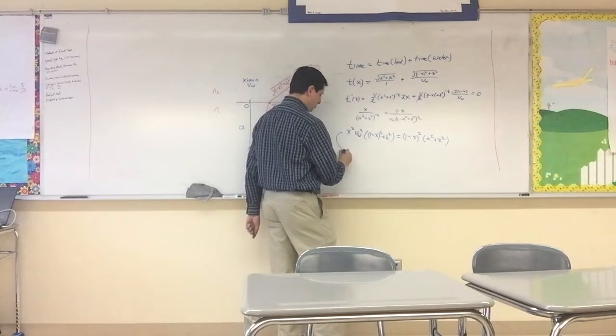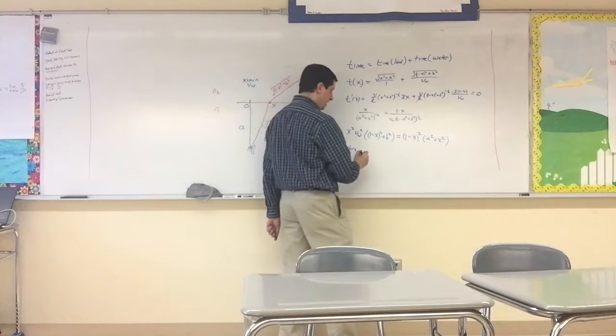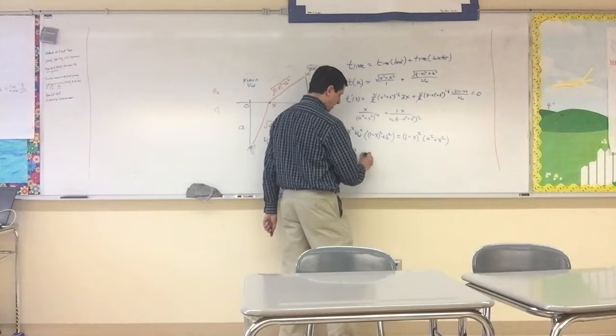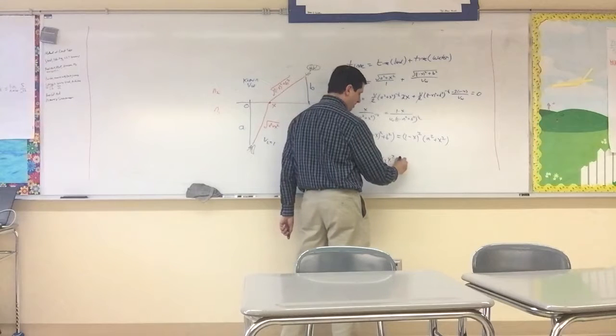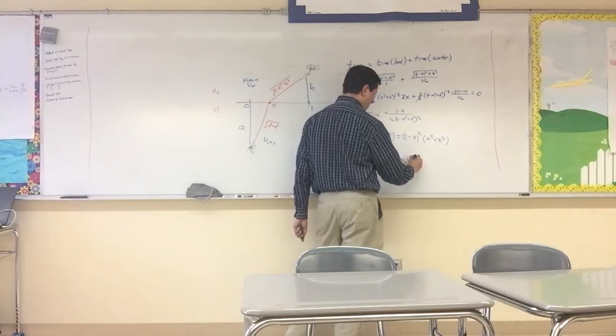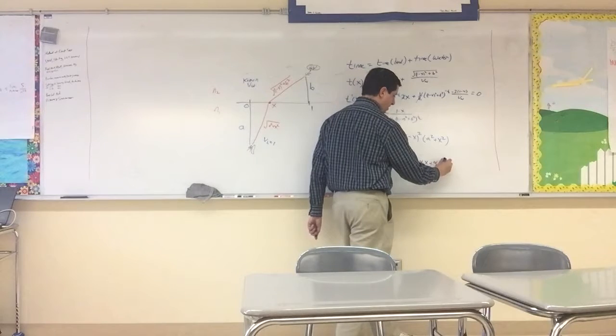So after some algebra, we'll get alpha 4 x to the 4th plus alpha 3 x cubed plus alpha 2 x squared plus alpha 1 x plus alpha 0 equals 0.